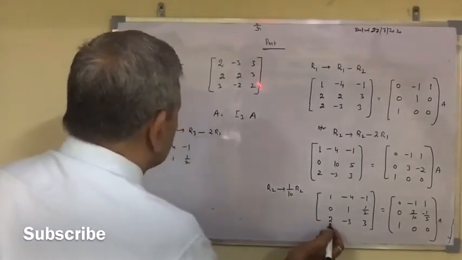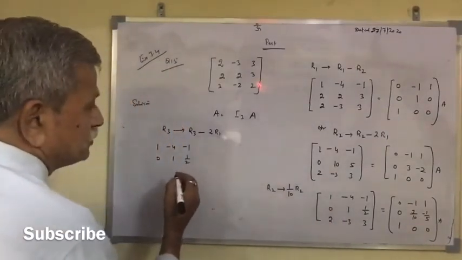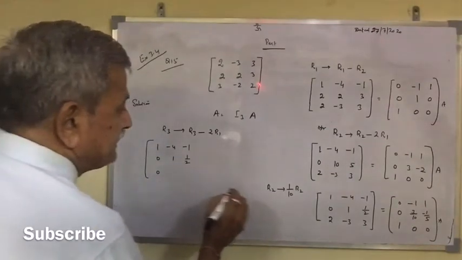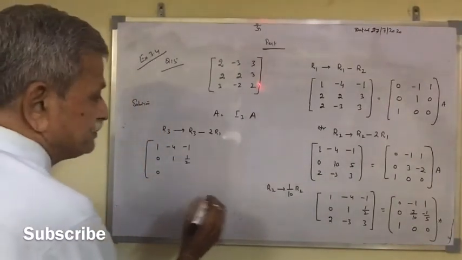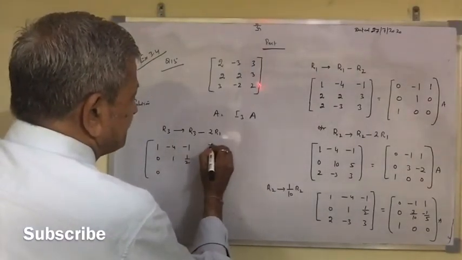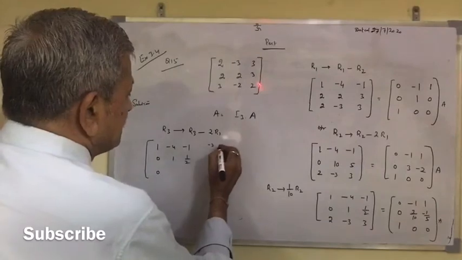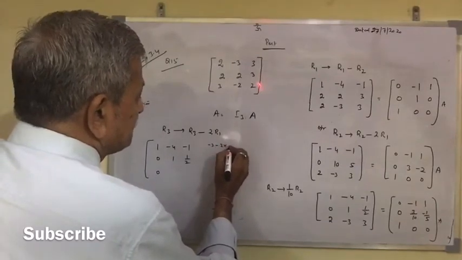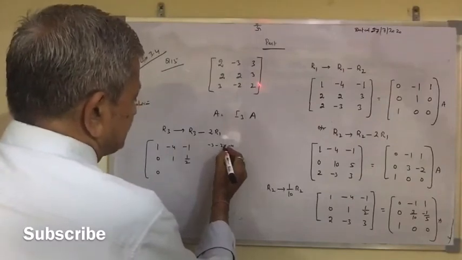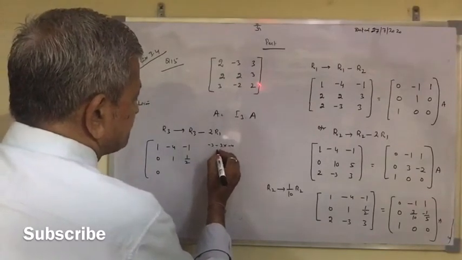So 2 minus 2 gives you 0, so this gives you 0 part, and now R3 means minus 3 you can write here, minus 3 R3, and minus 2 times of R1 means minus 4 times minus 4, which gives you 8, minus 8 means plus 8.